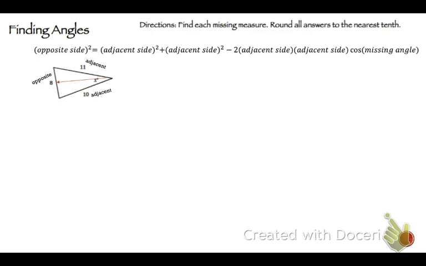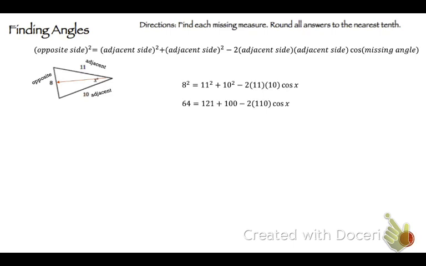So then I'm going to plug this in. So it's opposite side, which is 8 squared, equals adjacent side, 11 squared, plus adjacent side, 10 squared, minus 2 times 11 times 10 times the cosine of x. Okay, now let's just square everything out.